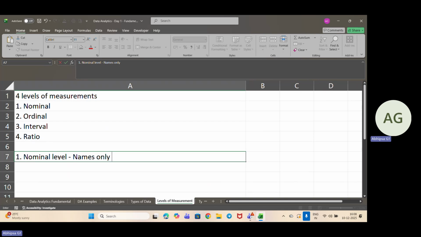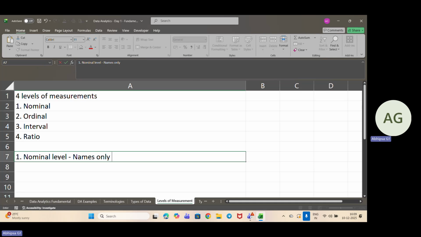The one that we have discussed, like gender, that is male, female, type of crops, blood group, these are all nominal. They are categorical terms, but they do not have any ranking involved in it. So you cannot sort the nominal data, right?